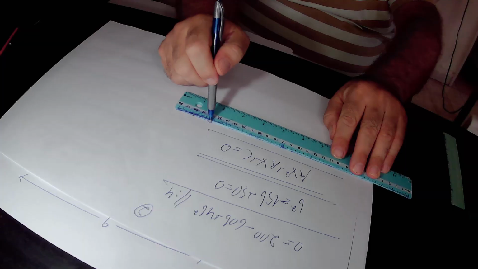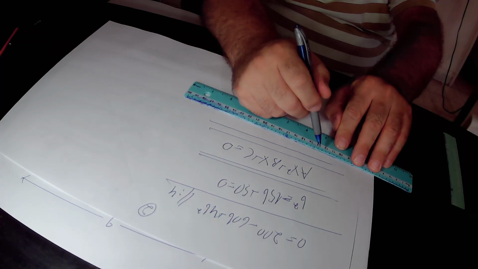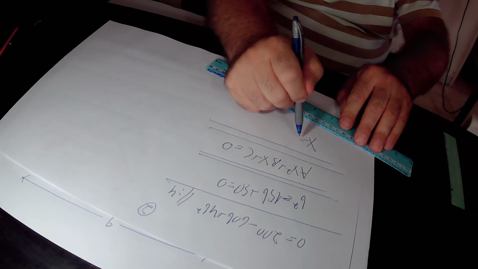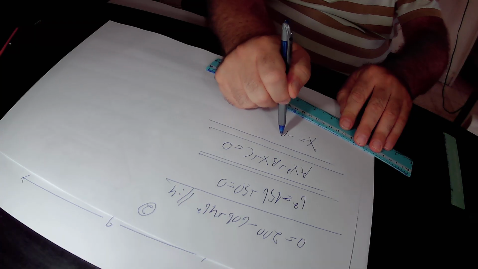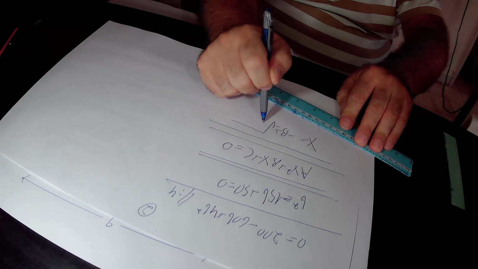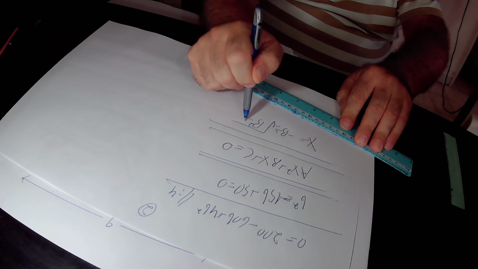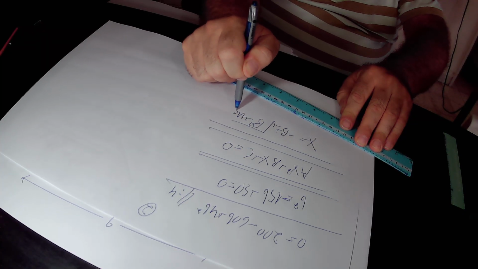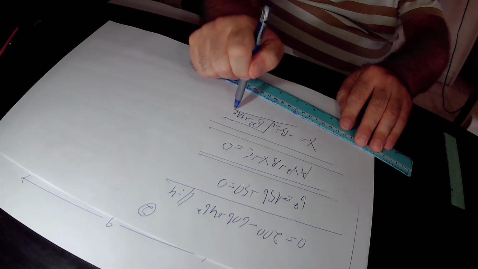And we find the value of x according to the following formula. X equals minus b plus or minus the square root of b squared minus 4 times a times c, over 2a.